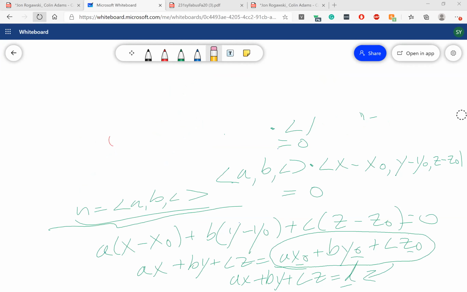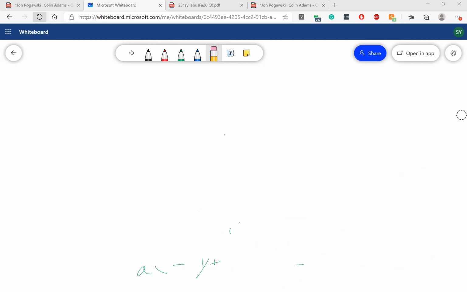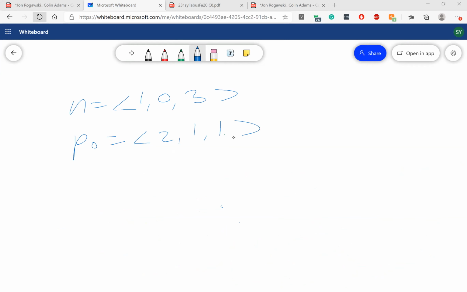So we did an example, I think last time, so I'm going to do another example now. So let's imagine that they ask us to find a plane with a normal vector equal to 1, 0, 3, and a point P0 equal to 2, 1, 1. So my plane will have the form x plus 0y plus 3z is equal to d.